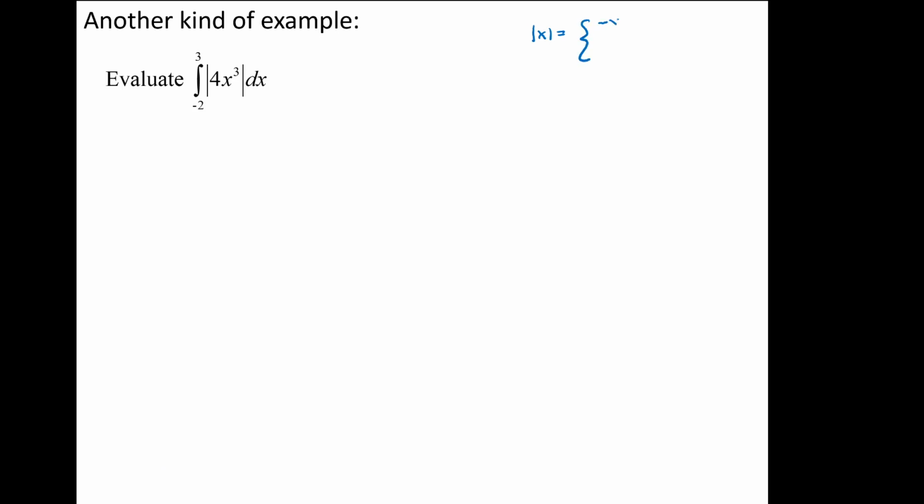It's equal to negative x for x less than 0. It's equal to positive x for x greater than 0. If I create 4x to the 3 in absolute values, it's also a piecewise function.